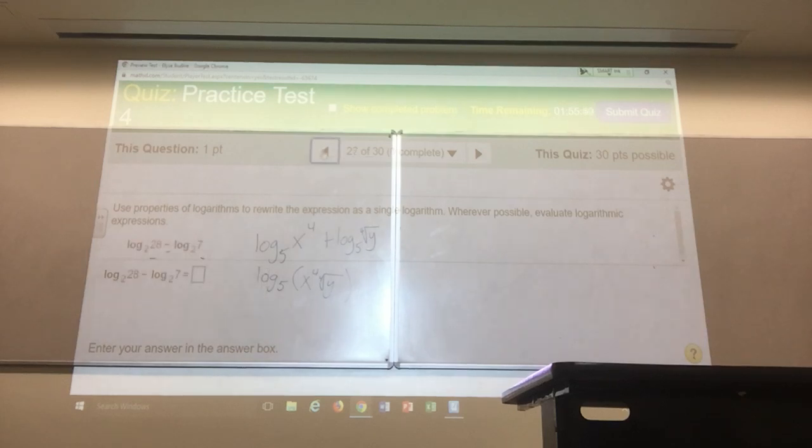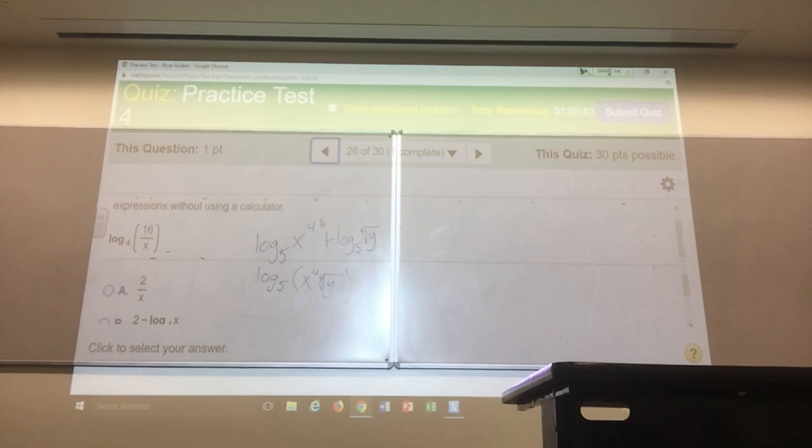Okay, so this is even more so just the same thing, and simpler even. What about these? How do we do with these? We know that it goes to subtraction. Yeah? And then we know that 4 to the what power is 16?